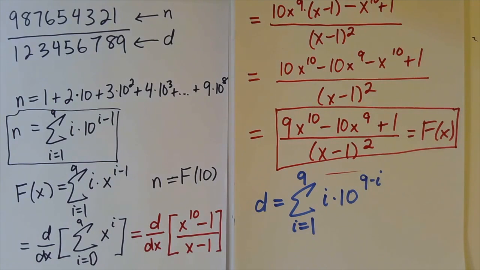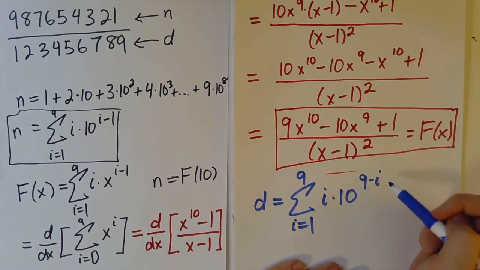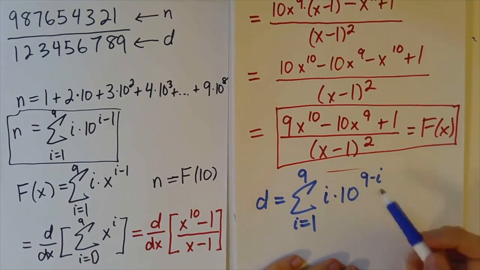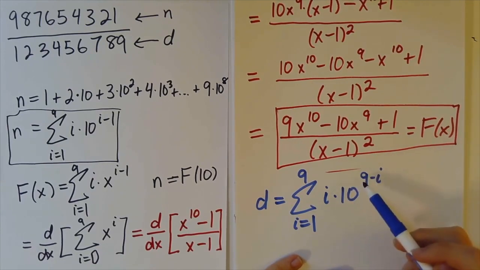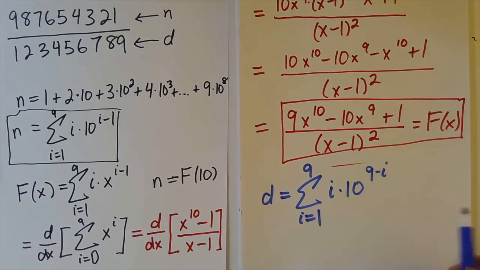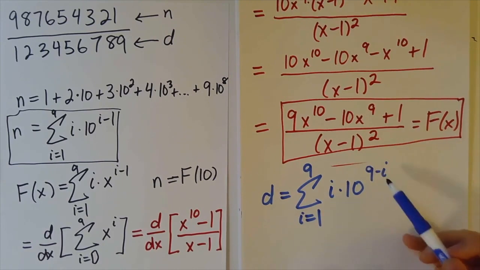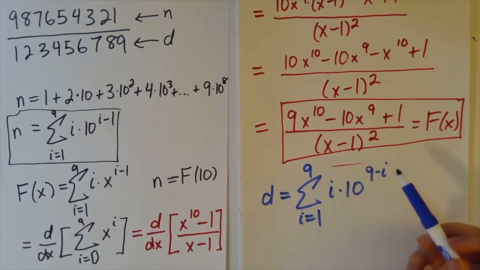Okay. Now I want to do a little bit of algebra magic here. So namely, I'm going to notice that there is a 10 to the 9th in every one of these terms. So the first thing I did when I sat down to do this by myself was to factor out a 10 to the 9th.